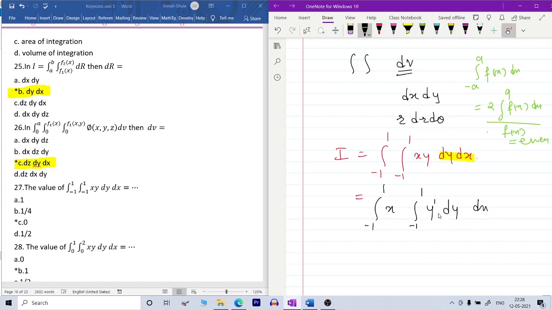So y is an odd function, so its integration is 0. As I said here, if your function is even, then only we can write it is twice of 0 to a, means minus a to a. Otherwise, its answer is 0 if your function is odd. This you have to remember. So this is going to be 0, and because of this your complete integral is going to be 0.